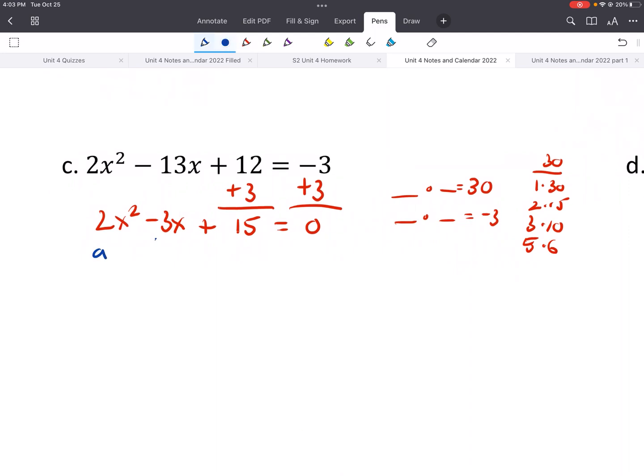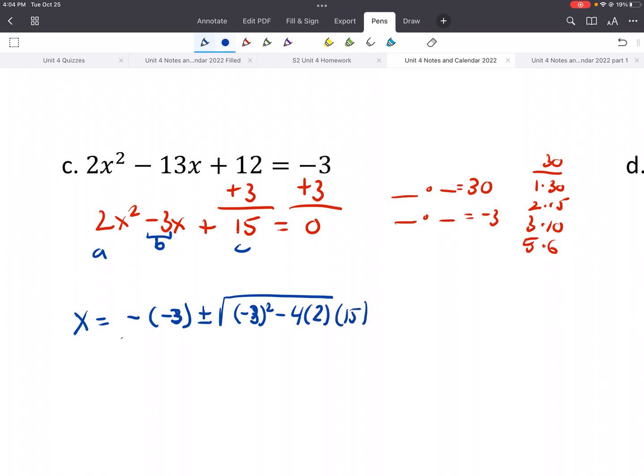Here's A, here's B, don't forget the negative though, and C. So x equals negative B, which is negative. So again, we're going to have a double negative, plus or minus the square root of B squared minus 4AC, all over 2A.